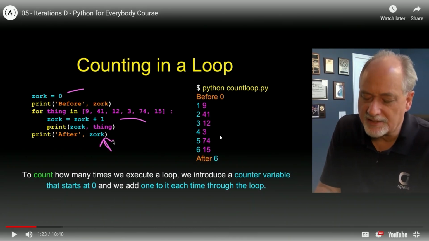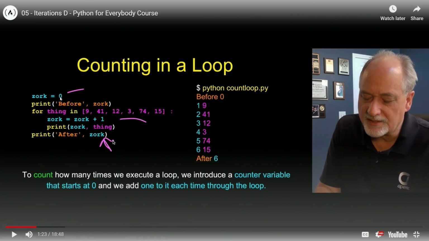And as you can see, it is really simple. But talking about it, learning how to say this stuff, that's what's hard. How to explain this. This is real simple. Set Zork to 0, print before. Okay, let's say we're talking to the computer as if it can hear you, right? Or let's say we're talking to somebody that's actually doing this stuff.